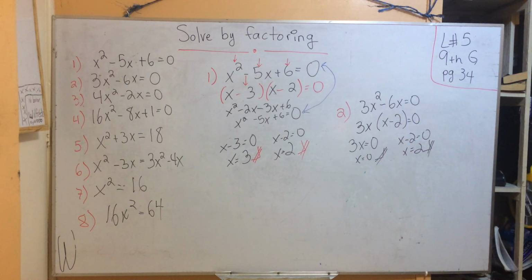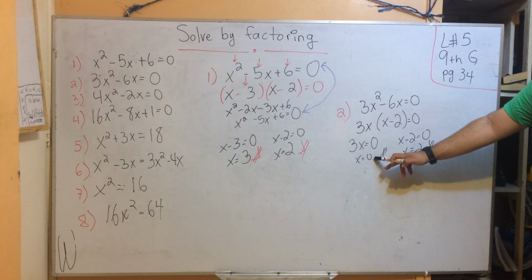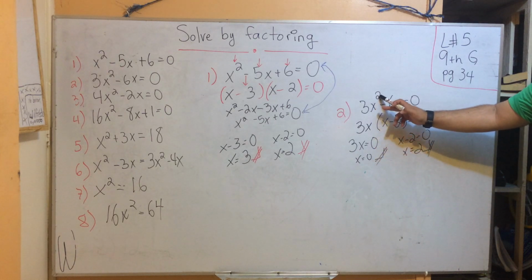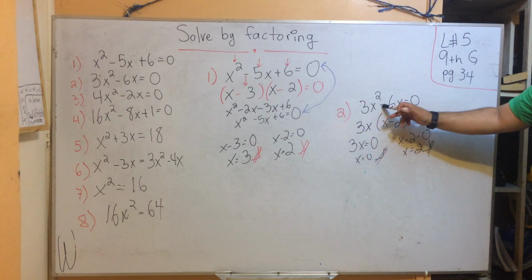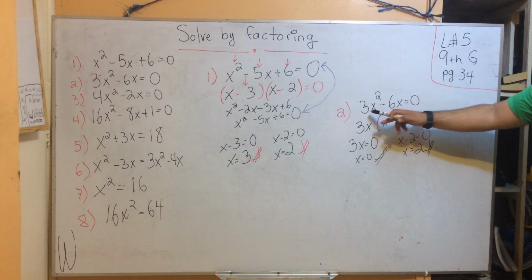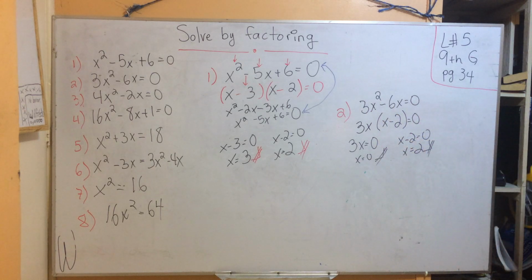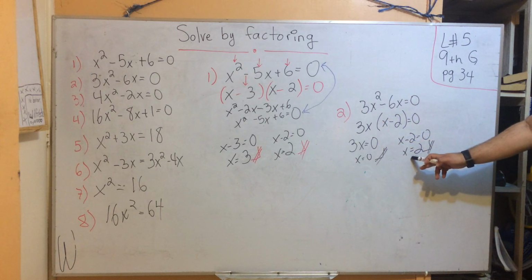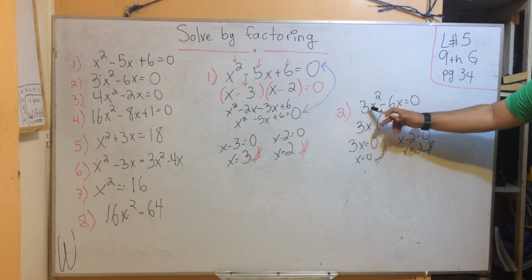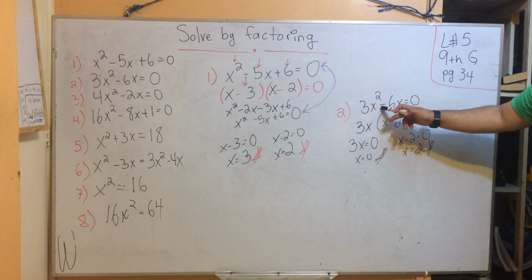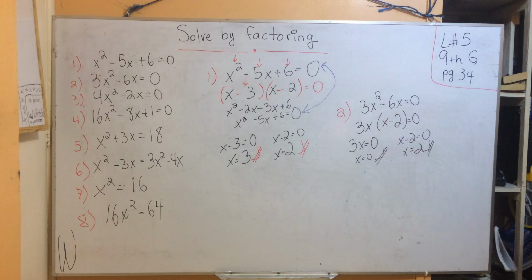How do we know? Let's check it. 0 squared, 0. 3 times 0, 0. Minus 6 times 0, 0. 0 minus 0, 0. Okay, let's check this number. 2 squared, 4. 3 times 4, 12. 6 times 2, 12. 12 minus 12, 0.